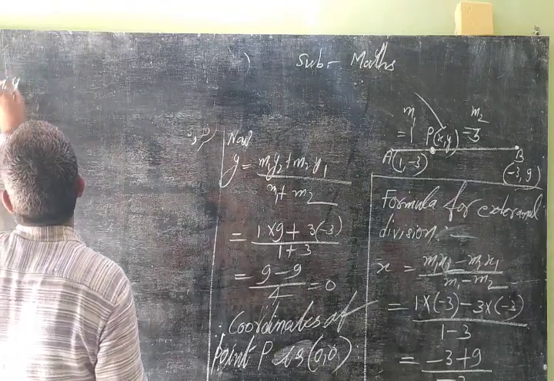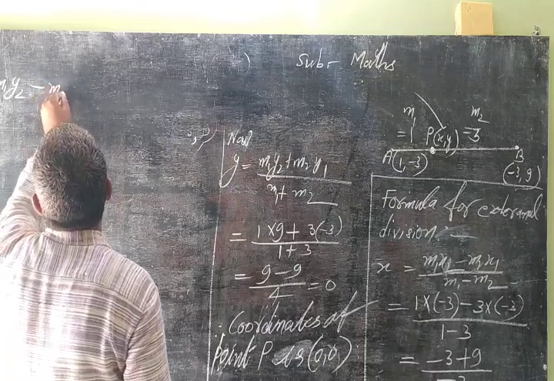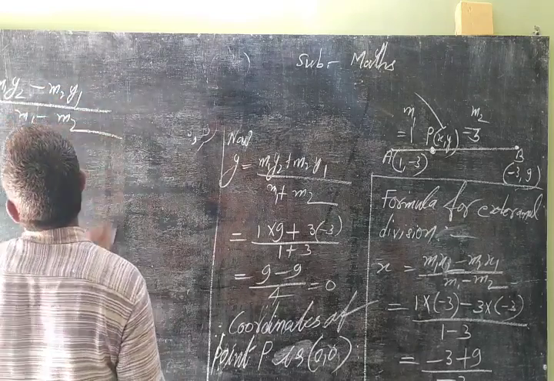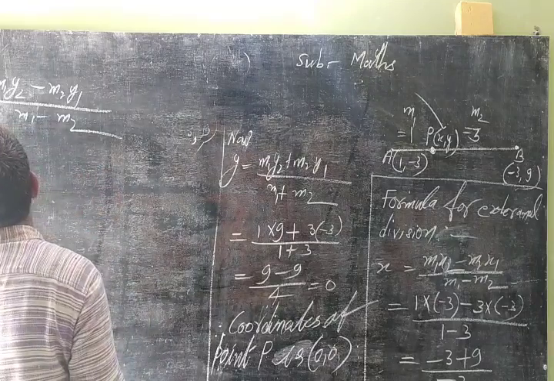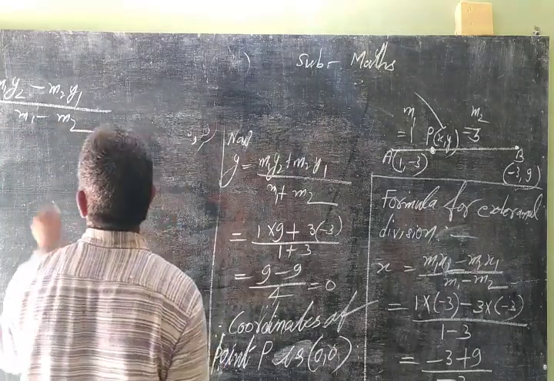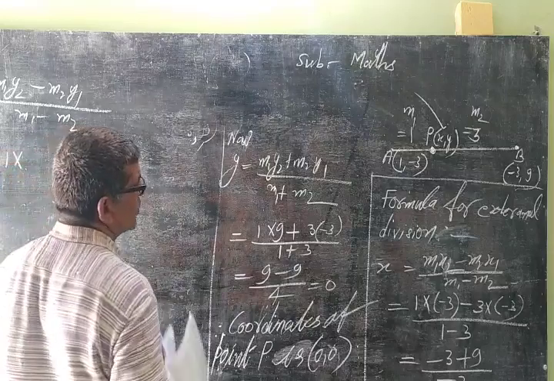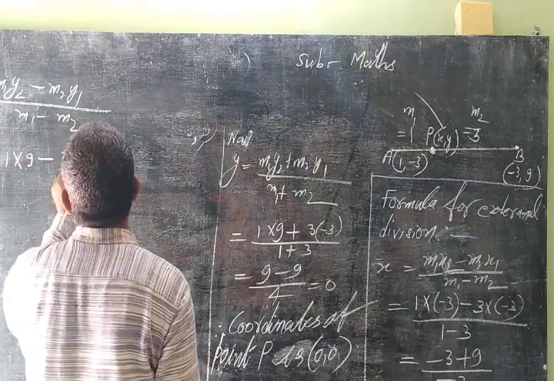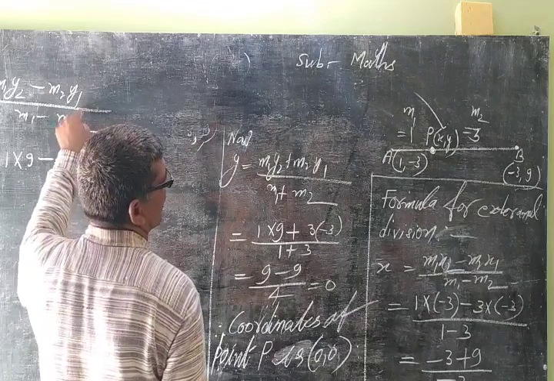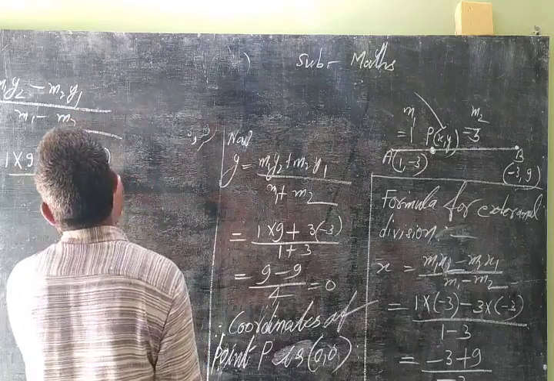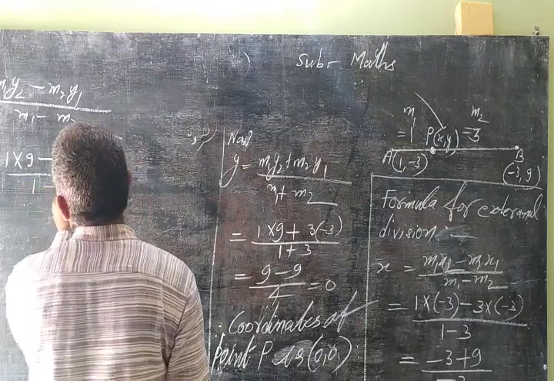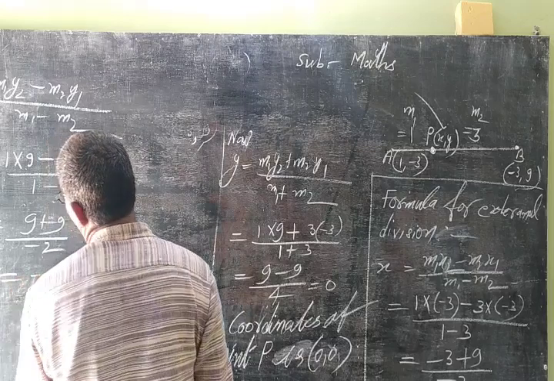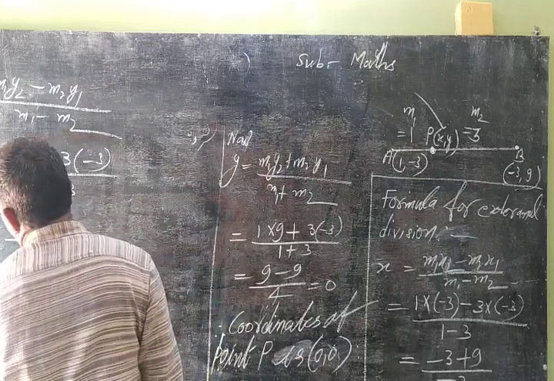Y equal to (m1 y2 minus m2 y1) upon (m1 minus m2), equal to m1, 1, y2, 9, minus m2, 3, y1, -3, upon 1 minus 3, equal to (9 plus 9) upon -2, equal to -9.